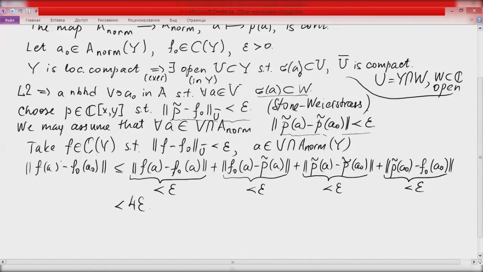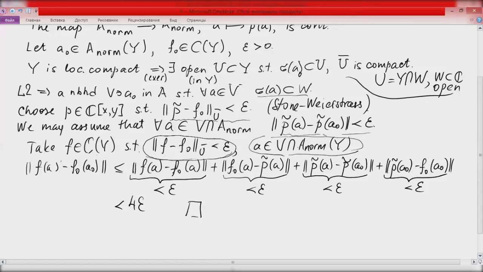And this completes the proof, because we have found a neighborhood of f0 in C of Y. So this inequality determines a neighborhood of f0, and we have found a neighborhood of A0 in the normal elements of A, such that our map takes the product of this neighborhood and this neighborhood to a ball centered around f0 of A0 of radius 4 epsilon.